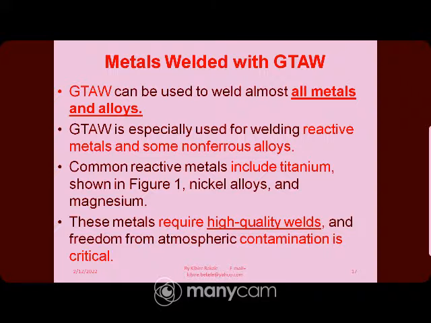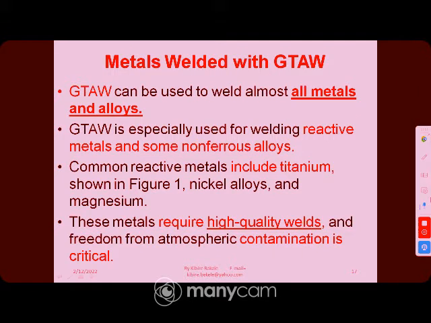But don't forget, when we use this, why do you select this process? What are the cost, advantage, and disadvantage? The gas tungsten arc welding process is specially used for welding reactive metals and some non-ferrous alloys.